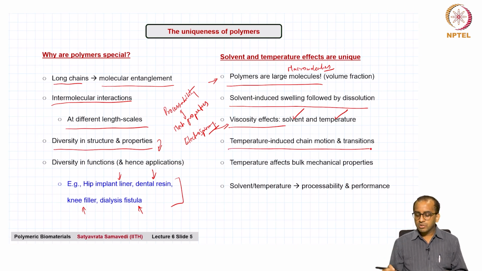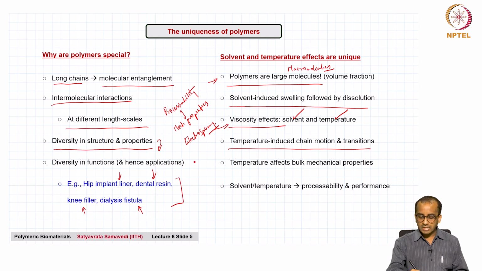In polymers, you can also have temperature induced chain motions and transitions depending on what the temperature is. How the solvent interacts with the polymer can also be tied to temperature. Temperature can also be used to induce transitions in polymers going from hydrophobic to hydrophilic or hydrophilic to hydrophobic.